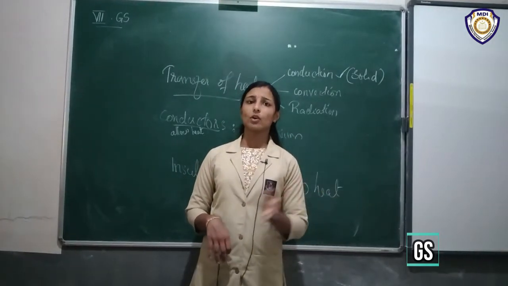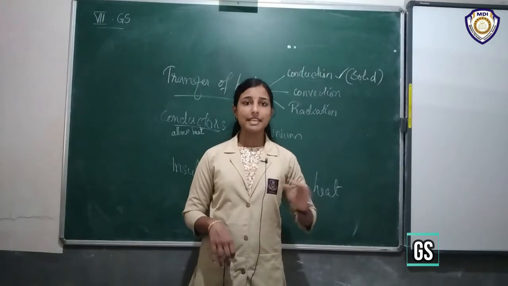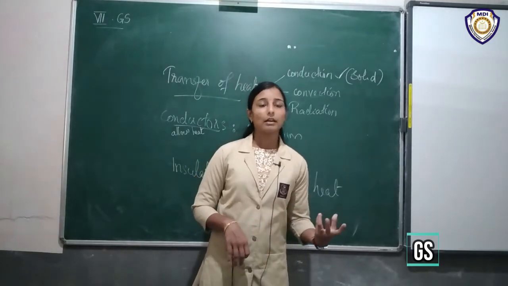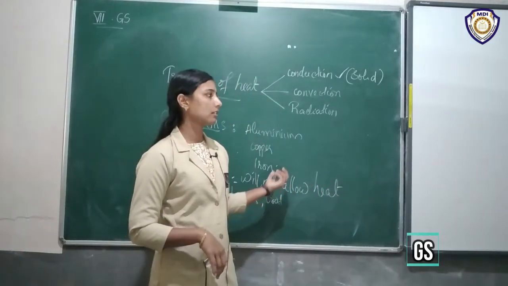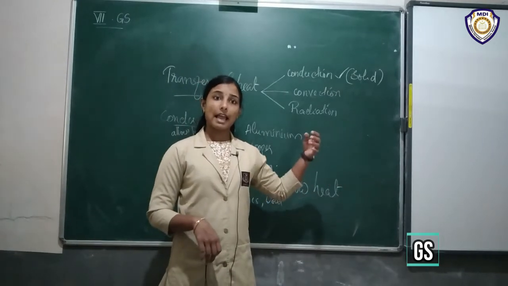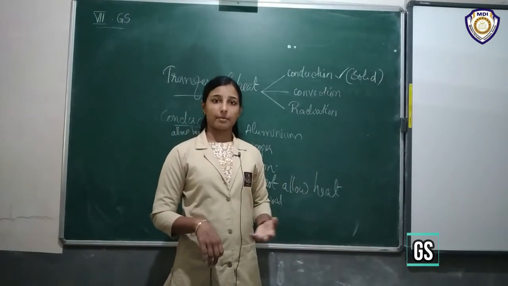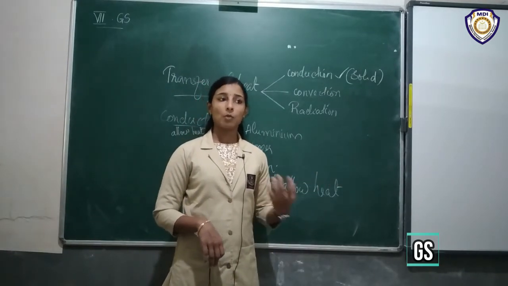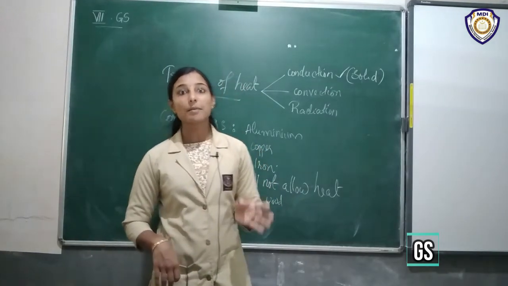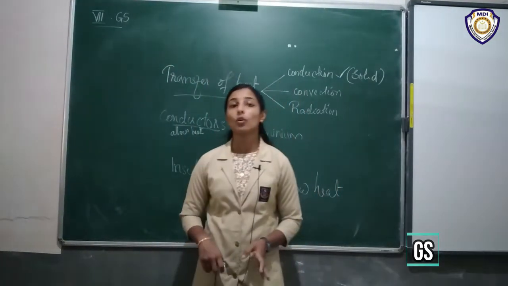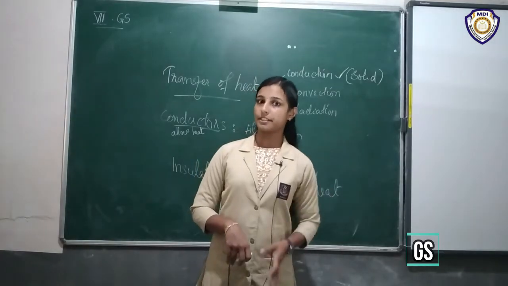That means they will not allow heat to pass through them easily, right? They will pass the heat from one point to another, but it will take a long time, more time. So these are poor conductors of heat, or we can say they are insulators.